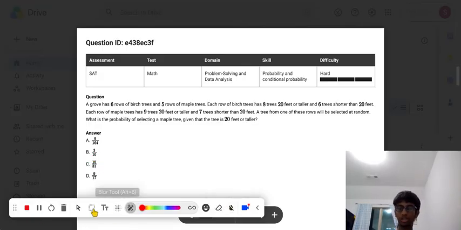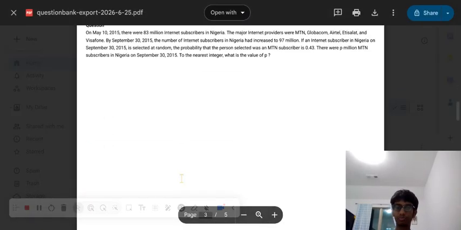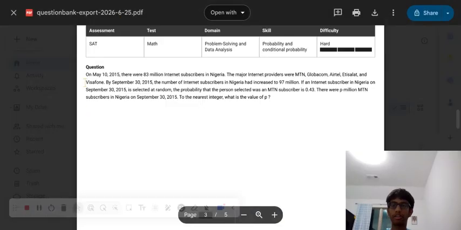Moving on to the next question, again, is part 3 right here, which says, on May 10th, 2015, there are 83 million internet subscribers in Nigeria. The major internet providers are MTN, Globacom, Airtel, Etisalat, and Visafone. I'm pretty sure I butchered the last two, but that's fine. By September 30, 2015, the number of internet subscribers in Nigeria had increased to 97 million.